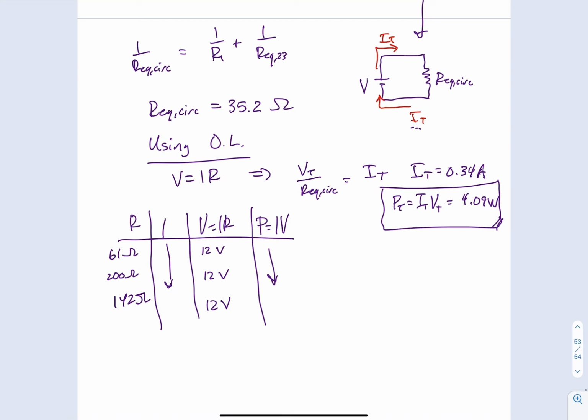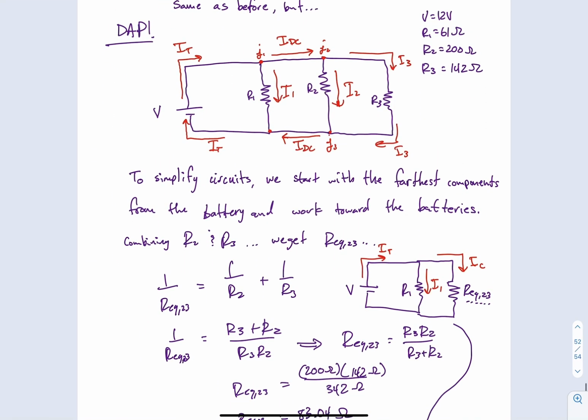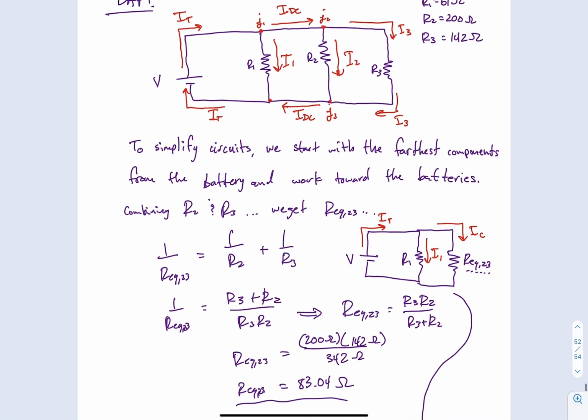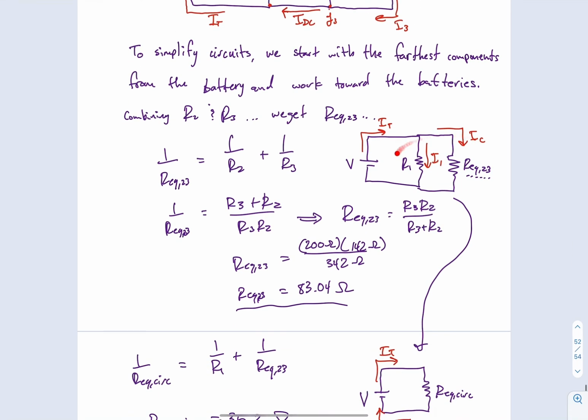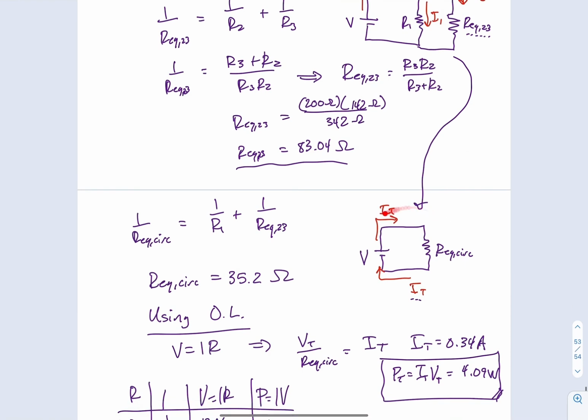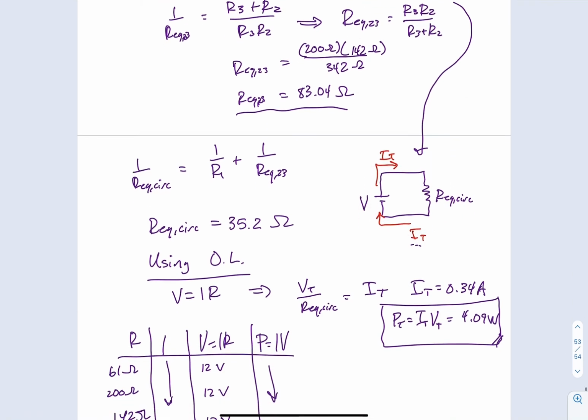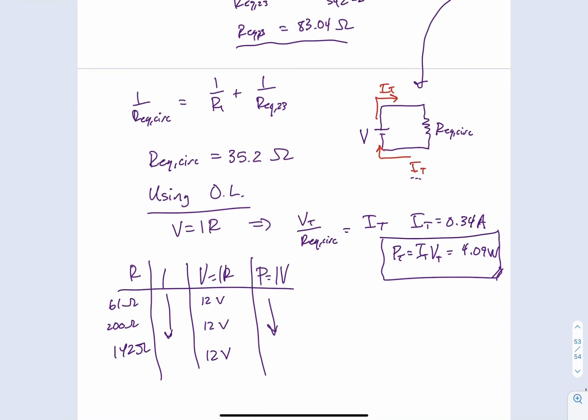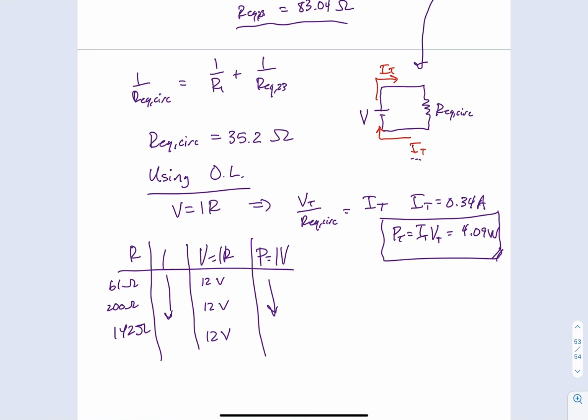And you want to always try and simplify your circuit, working from away from the battery in toward the battery. So we started with our farthest connection, combined those, and then we combined the following connection until we had a simple circuit that we could apply Ohm's law to and figure out more information about it. So that's a parallel circuit example. The next we'll have a combination of the two.